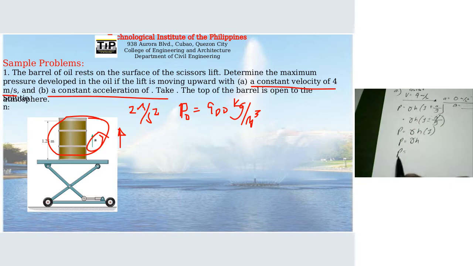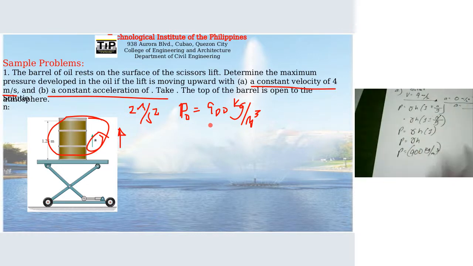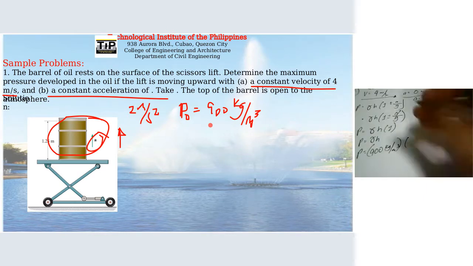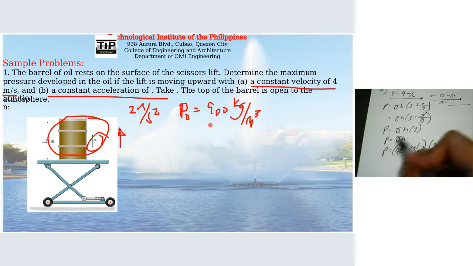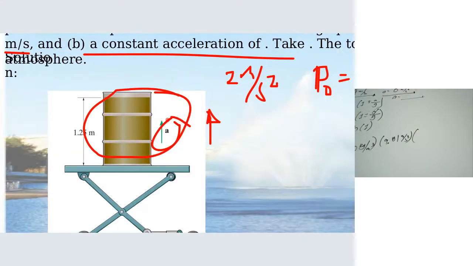So solving for P, we are given the density. It's 900 kilogram per cubic meter. We multiply it by 9.81 meter per second squared to get the unit weight, and then we multiply the height of the barrel.